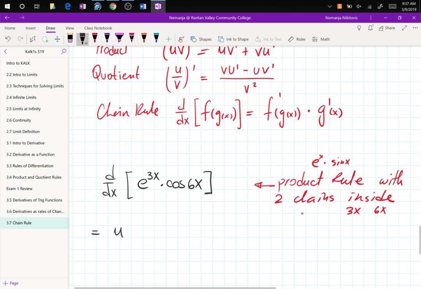Copy the first times the derivative of the second. Now the derivative of the second is the chain rule. So times chain rule, the derivative of cosine is sine, so we have negative sine, we have to keep g plugged in, and then times the derivative of g, which is 6. Plus, now copy the second, which is cosine 6x, times the derivative of the first, it's a chain rule again, so e to the 3x times 3.